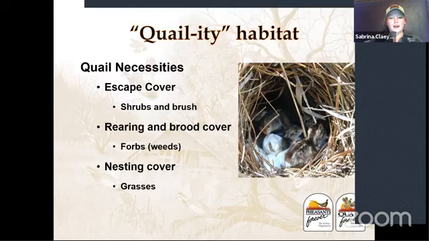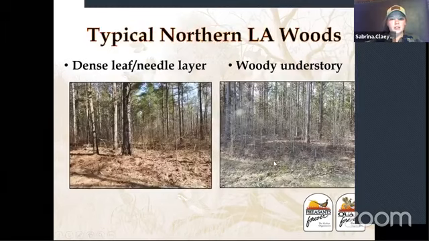So they obviously can't be running around through your lawn and expect not to get eaten by a coyote, or they don't have the necessary habitat that they need, which is why we're here, is to make that better habitat for the quail. So this is typically what northern Louisiana looks like.